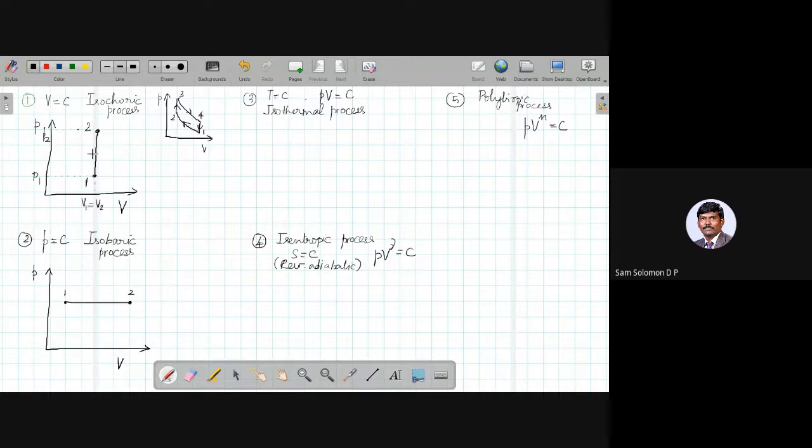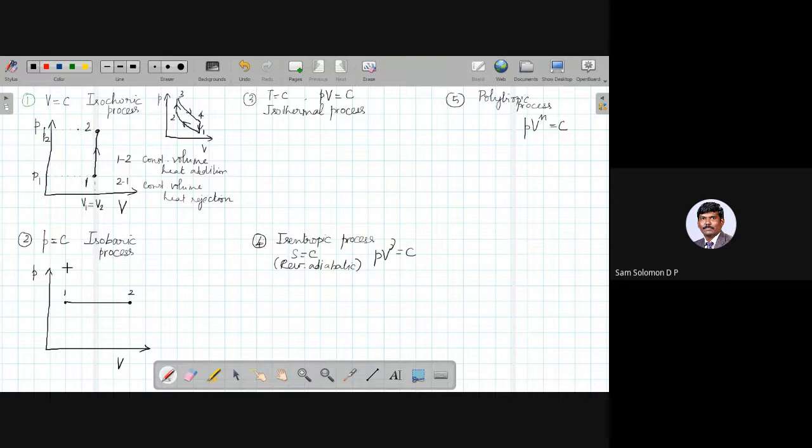So 1 to 2 you will have heat addition, so 1 to 2 here is constant volume heat addition, and 2 to 1 here is constant volume heat rejection.